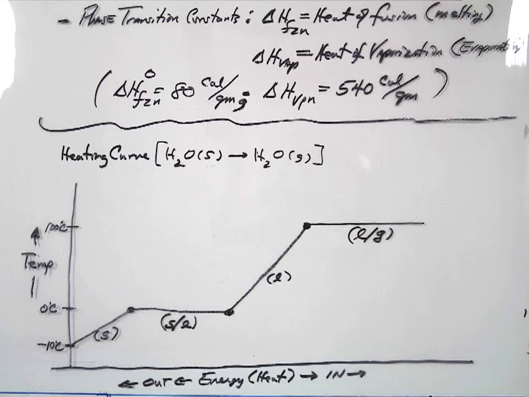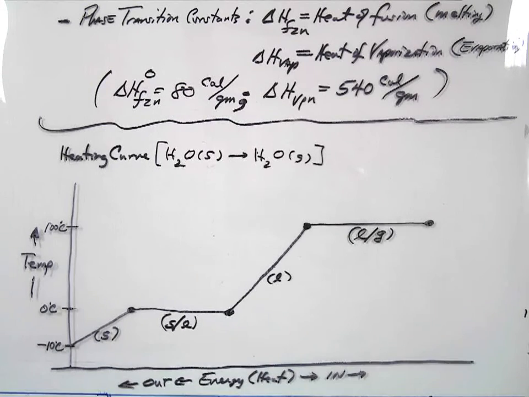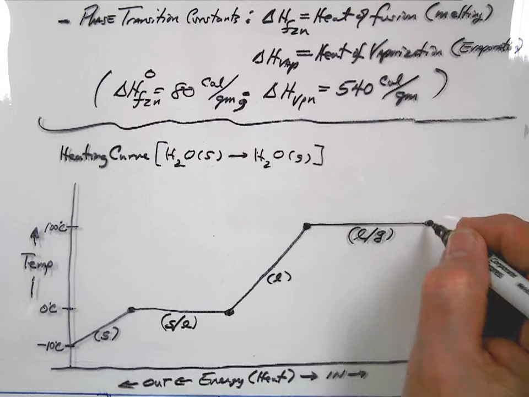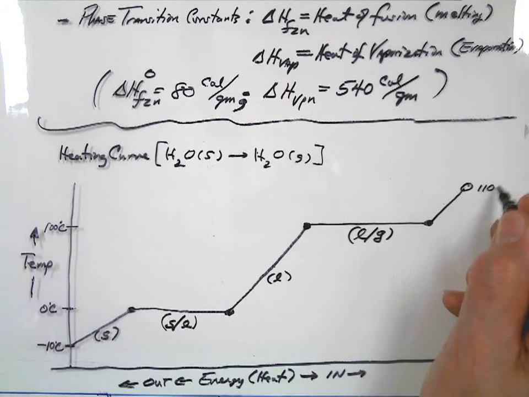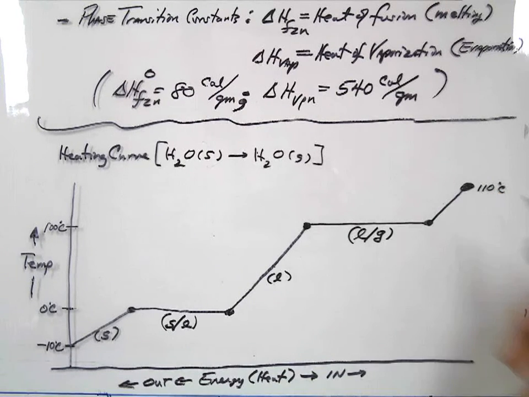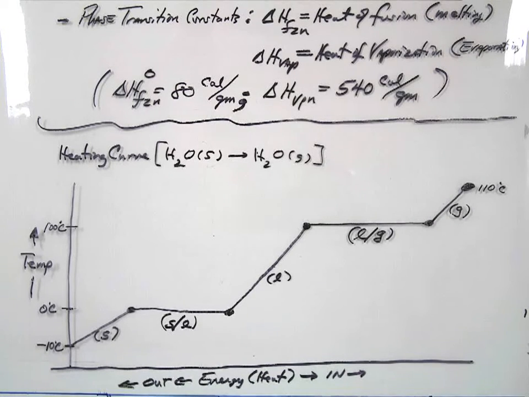And then once all of the liquid has been evaporated to the gas phase, then you can heat it on up to the 110 degree C objective, and that is your gas phase. Okay? So there are 5 segments in here that involve energy flow.